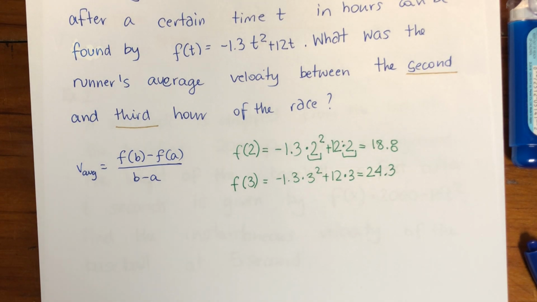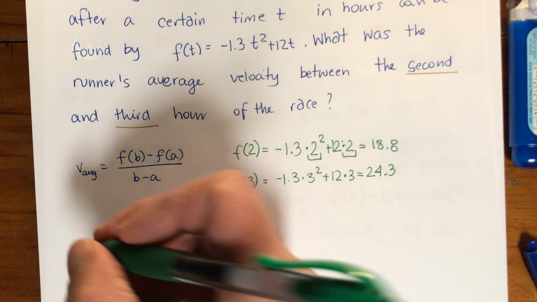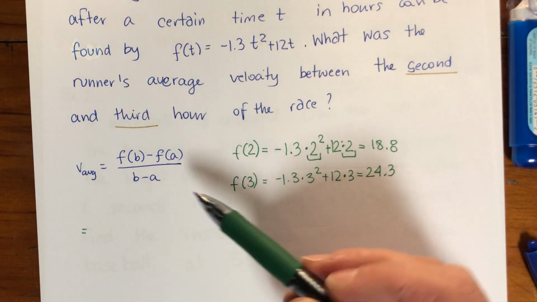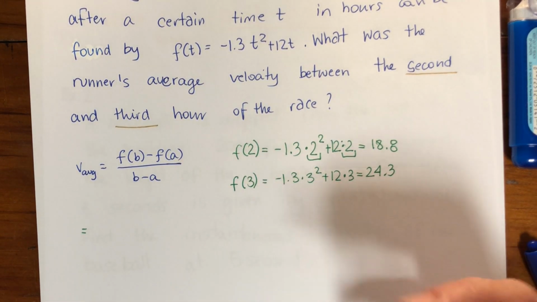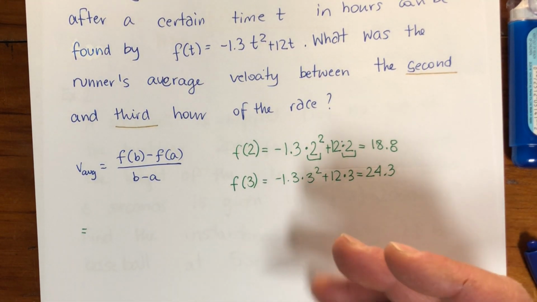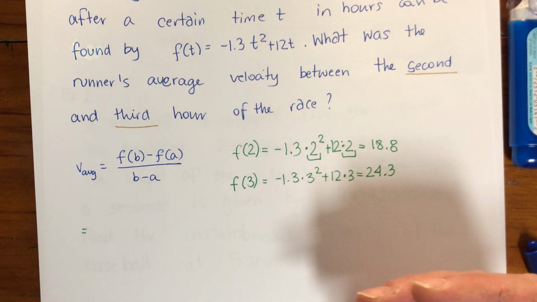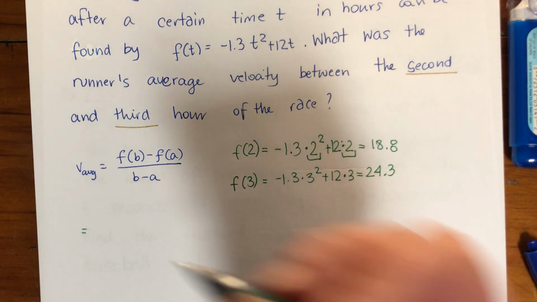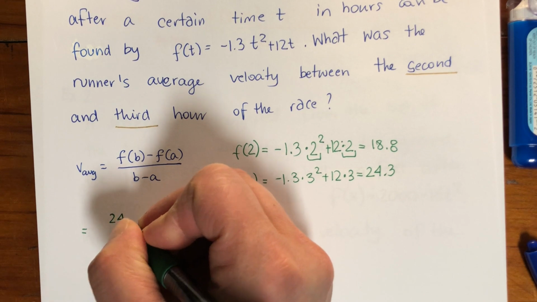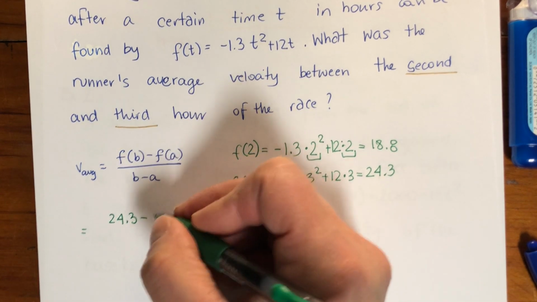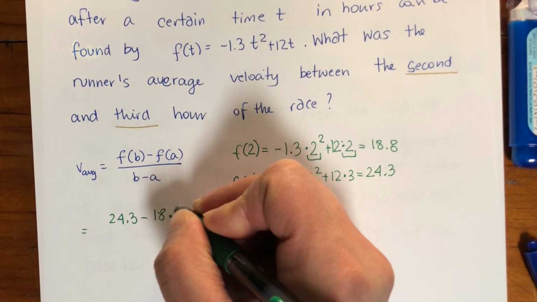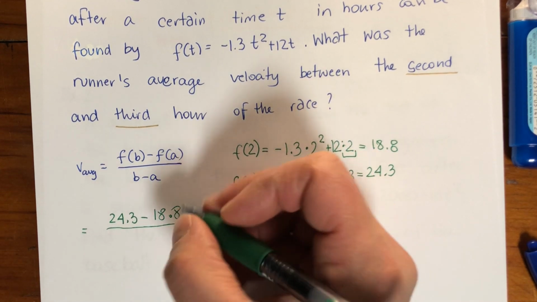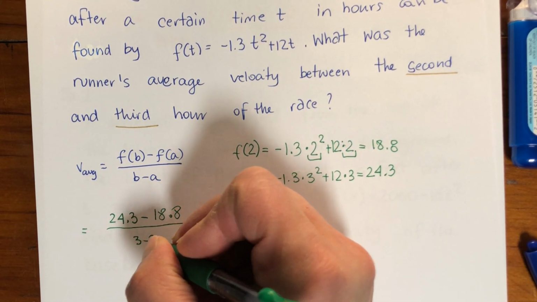So I have the values that I need to plug into my formula for the average velocity. You can take either one of them first, as long as you are consistent about keeping the order. I am going to take 24.3 first, minus 18.8, and divide it by 3 minus 2.